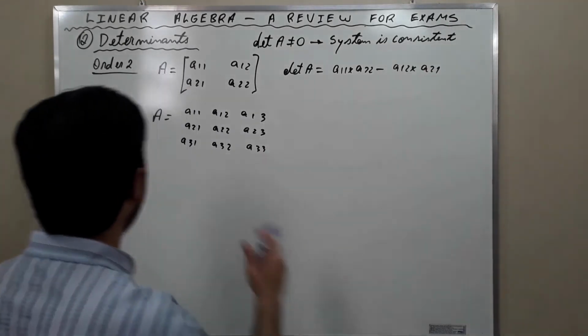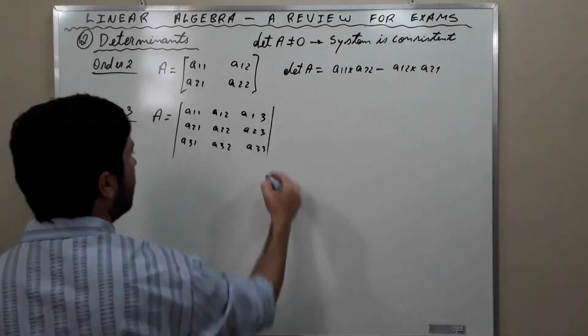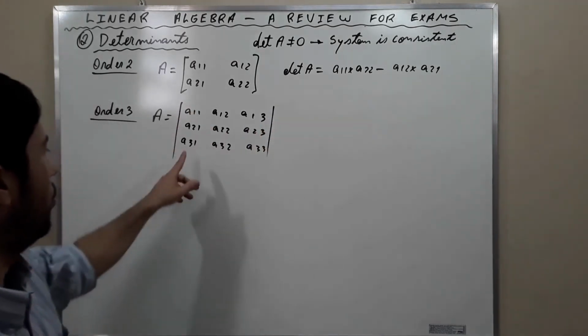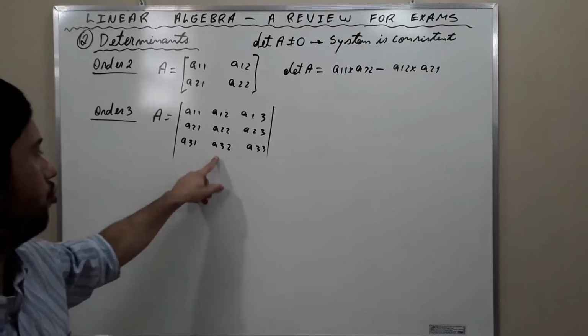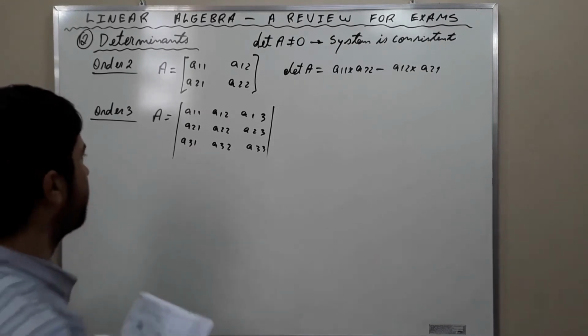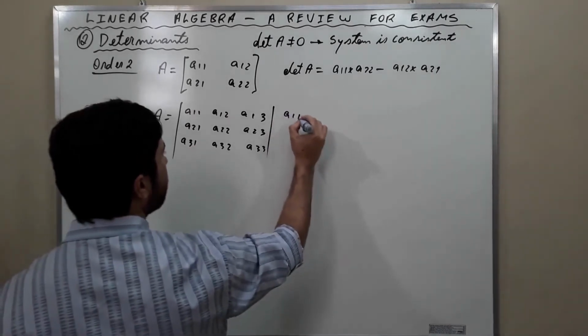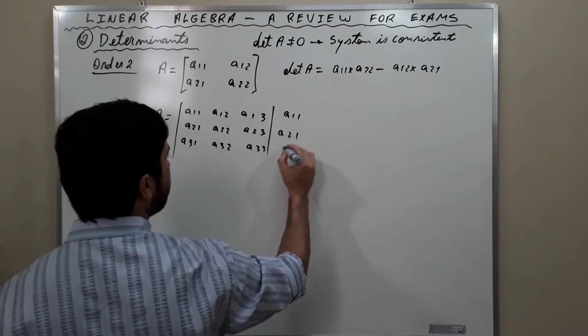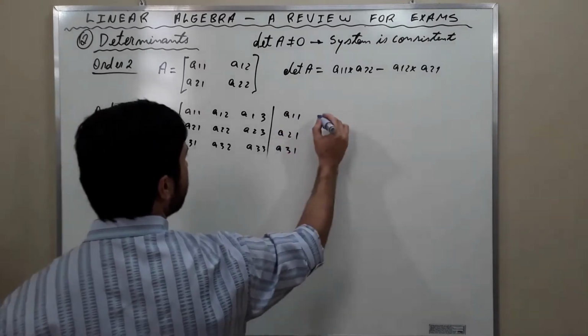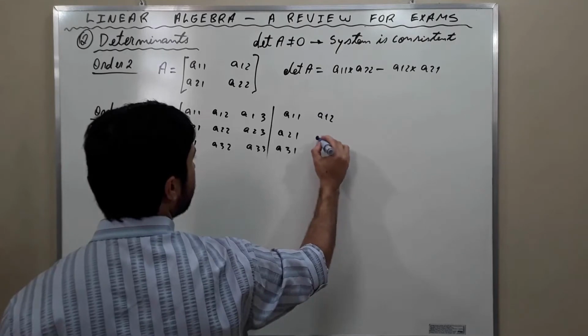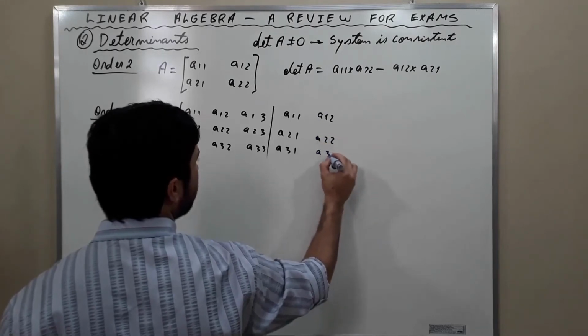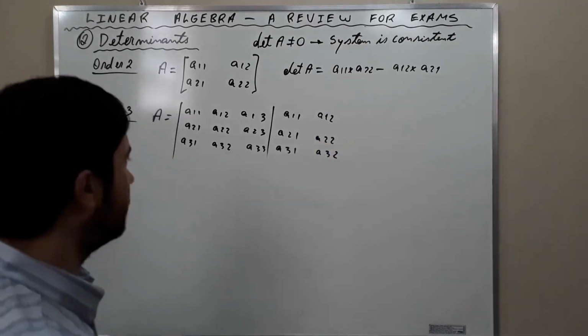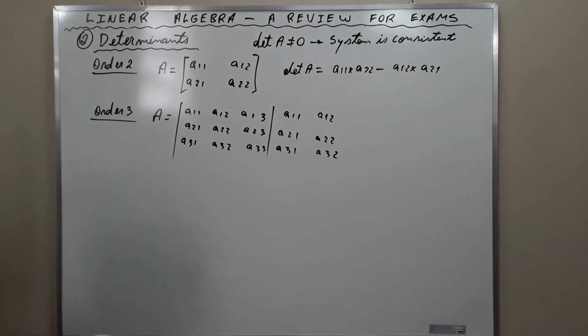The rule of Sarrus is this. We repeat these two columns here. And we follow the multiplication guided by these arrows here.